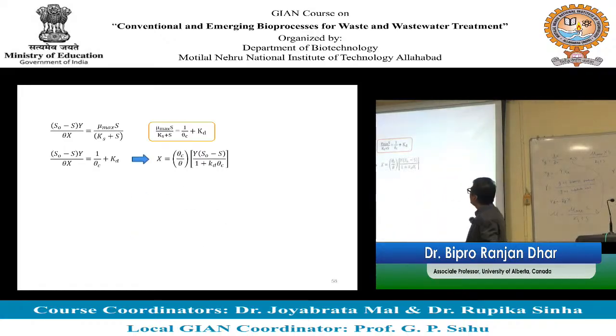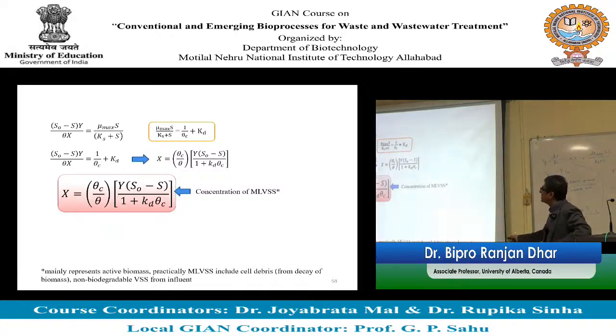So now if I do some further rearrangement, this is my equation for X. That equation can help me to calculate the biomass concentration in the system. Typically this is MLVSS, but the major portion is active biomass. Again and again I am mentioning that it's mixed liquor, right?